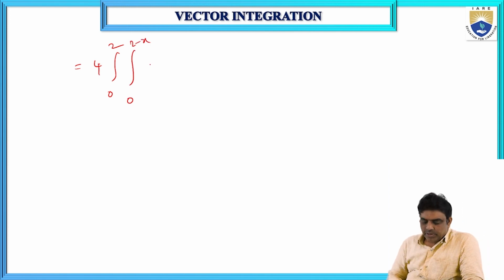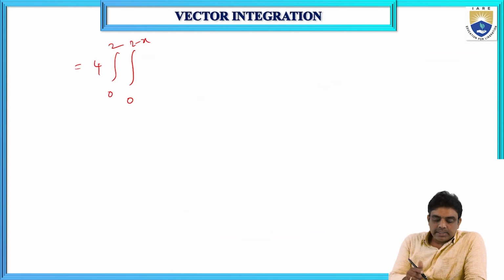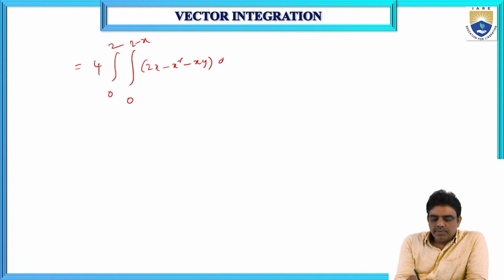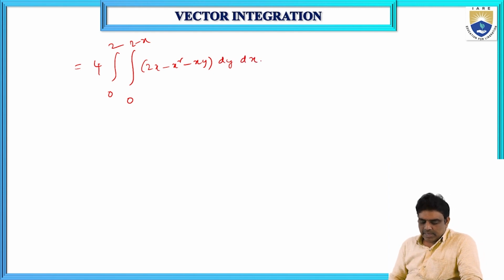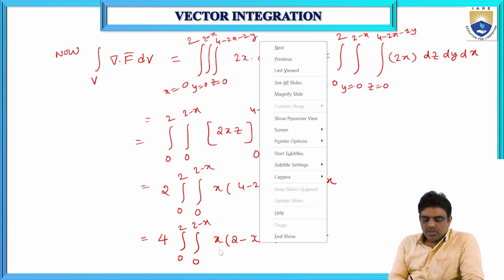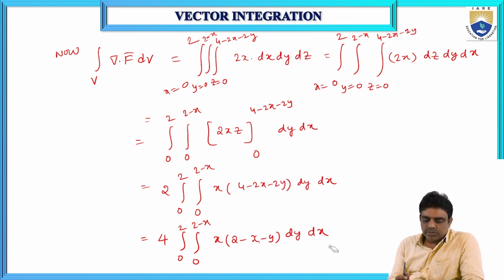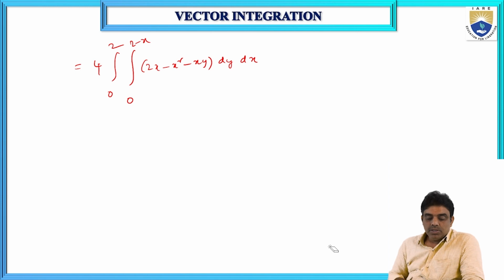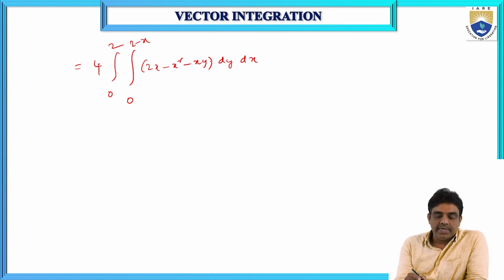And what is the function value here? 2x minus x square minus xy, first with respect to dy, then dx. I will check it out. This is 2x minus x square minus xy, so 2x minus x square minus xy dy dx.